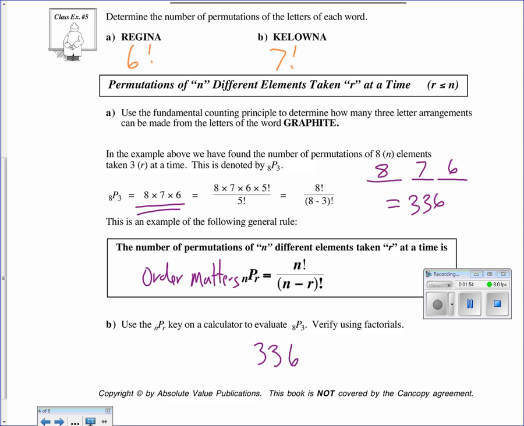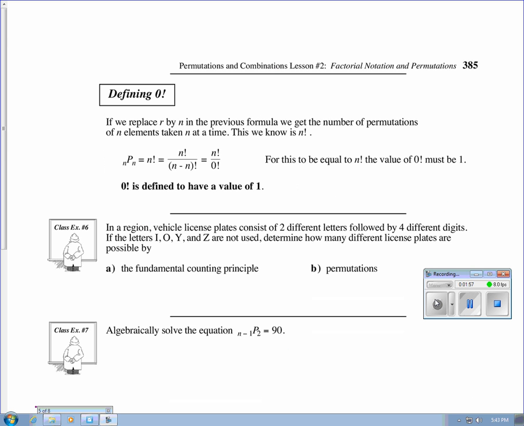So we're going to play around with this notation. We needed to see what 0 factorial was defined as. And 0 factorial is defined as choosing all of the elements. What if you choose all of the elements? Well, by definition, that's n factorial. Using this p notation, it would be n factorial divided by n minus n factorial. Well, n minus n is actually 0.